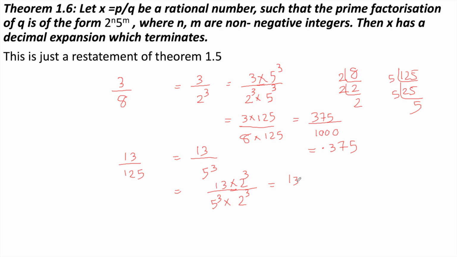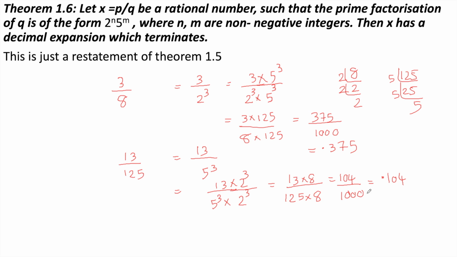So 13 into 8 divided by 125 into 8. 13 into 8 is 104, and 125 into 8 is 1000. The answer is 0.104. It's a terminating decimal number.